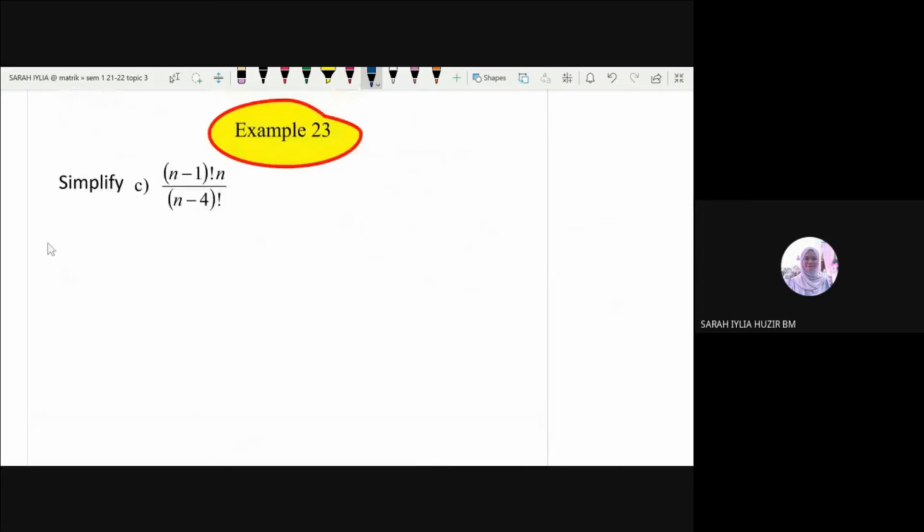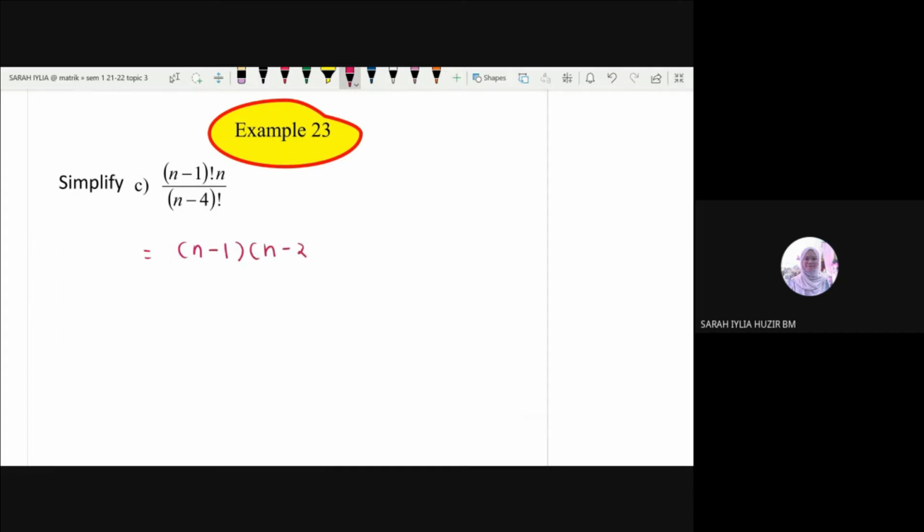C. Lagi sekali kita kena expand kat situ. n minus 1 factorial times n over n minus 4 factorial. Sekarang yang ni nampak nombor jangan tertipu sebab dia minus tu. So yang lebih besar yang atas. So atas tu yang kita kena open up. So dia akan start dengan n minus 1. Minus 1 lagi.